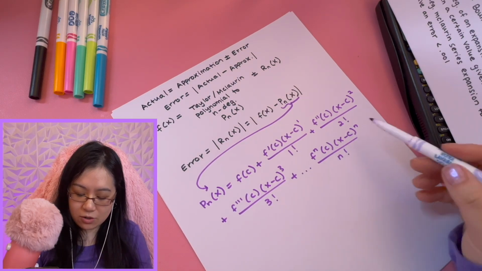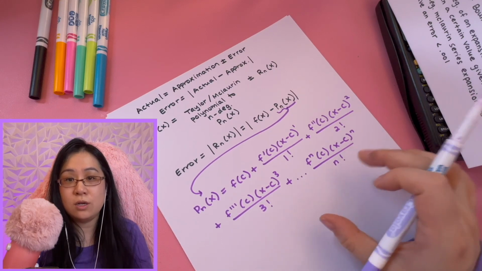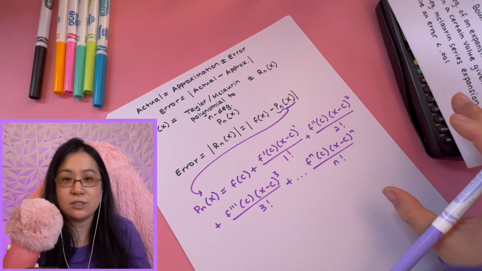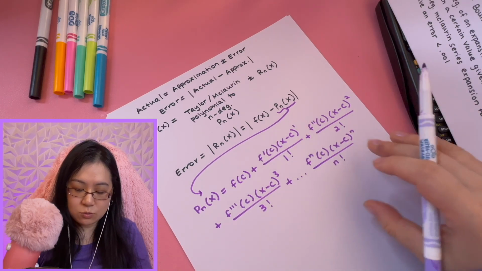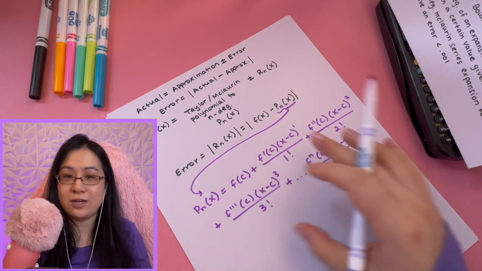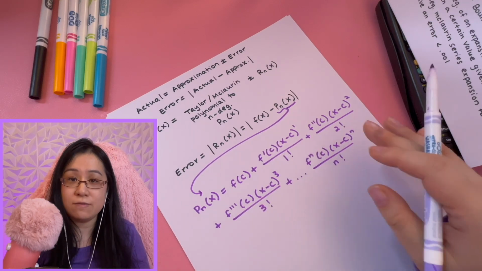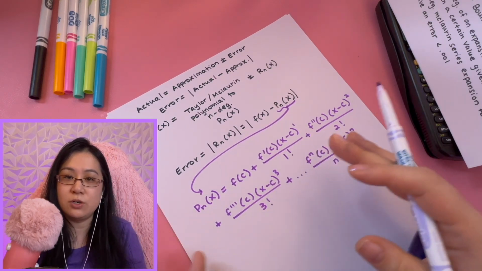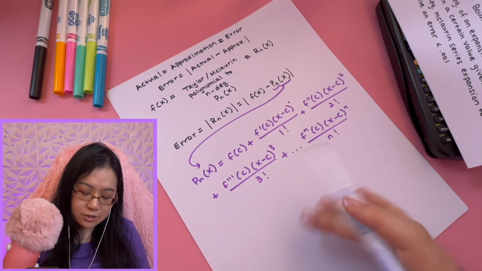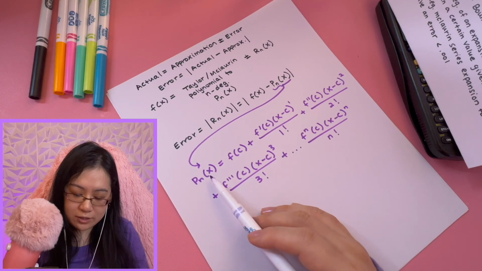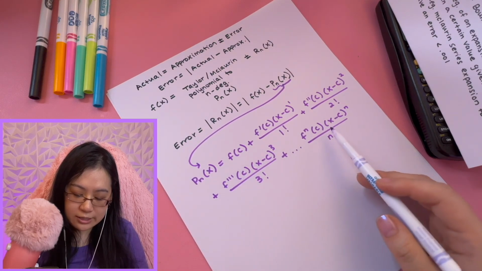That means there are more terms in this series if we go infinitely, and that's what makes our error. That's why it's an approximation: instead of going infinitely, we just stop at some degree. So this is just a reminder of what the Taylor series part looks like.